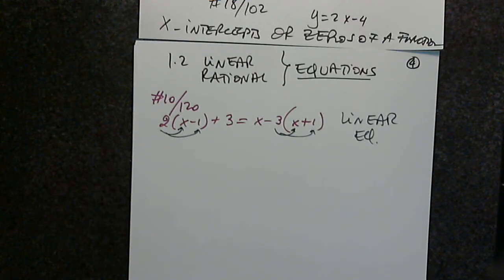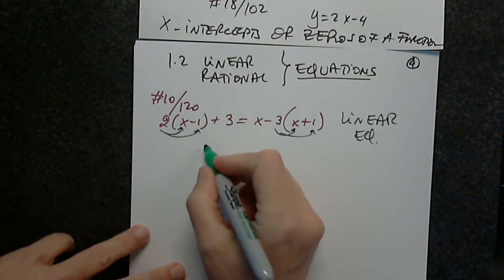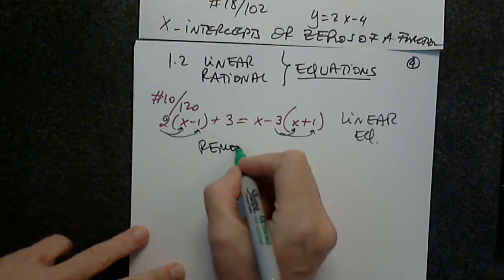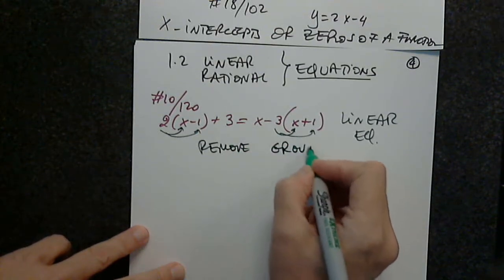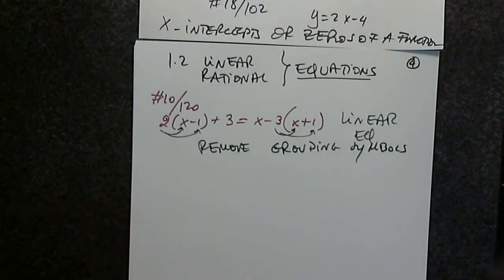So 2x minus 2. Yes. 3. Yes. So the first step in this kind of equation, a linear equation, is remove grouping symbols. That's our first step. We have to remove the grouping symbols, whatever they are.